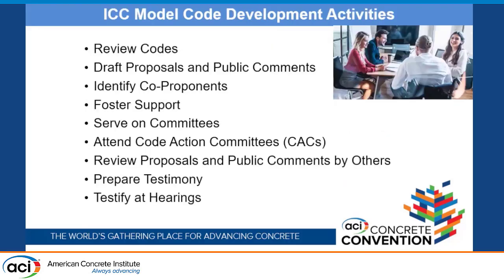So when we go through the process, we have to review the codes. We have to identify co-proponents. The more co-proponents we have signing on to a code change, the better it looks to the committee as having industry-wide support. They don't want a whole bunch of people from one industry, but like we work with Carrie and I, we solicited support for 562, the repair code.